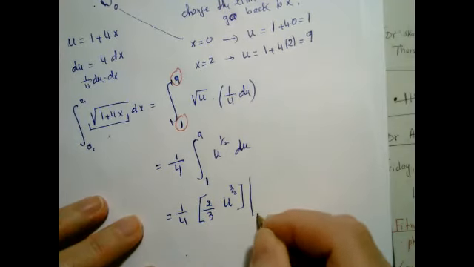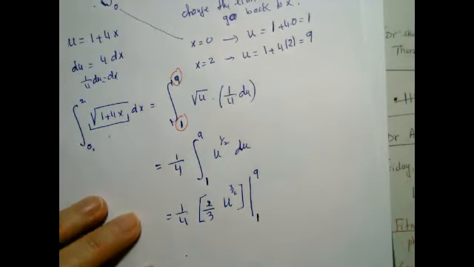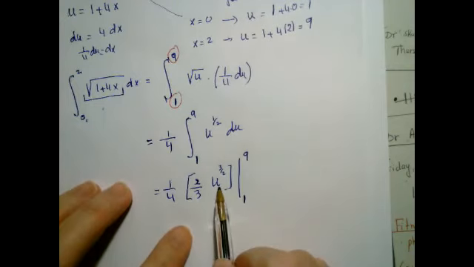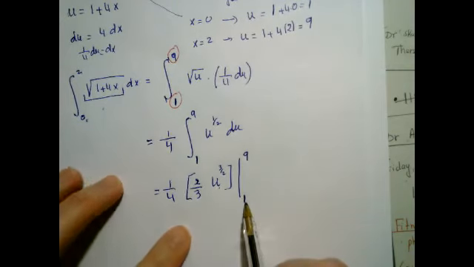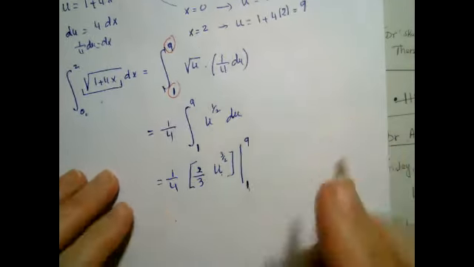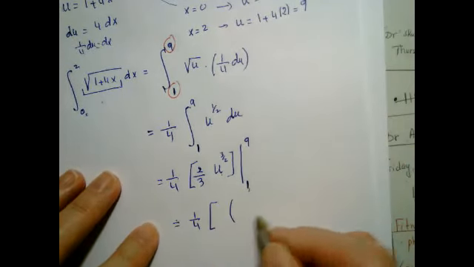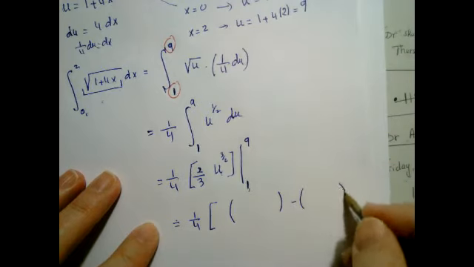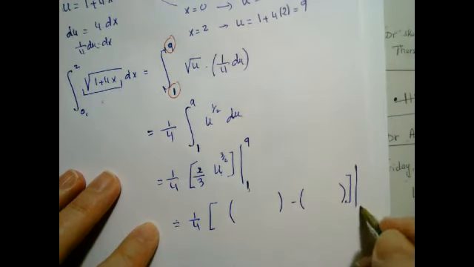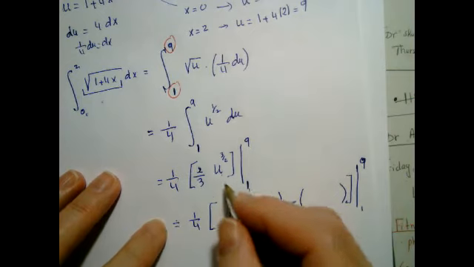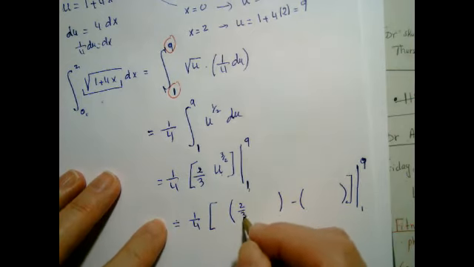But now my new limit is 1 to 9. I don't go back to x anymore if I changed my limit. So now I only work with u. So this will be 1 over 4 times, between 1 and 9.